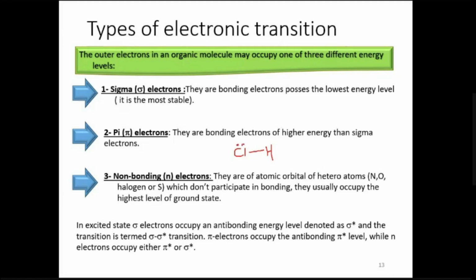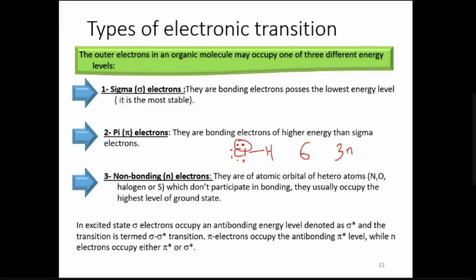Okay, this is one pair, this is second pair, and this is third pair. So a total of 6 non-bonding electrons are present in 3 n pairs.